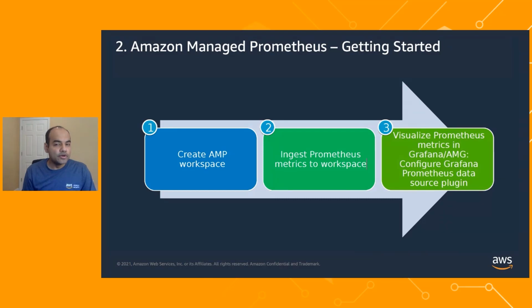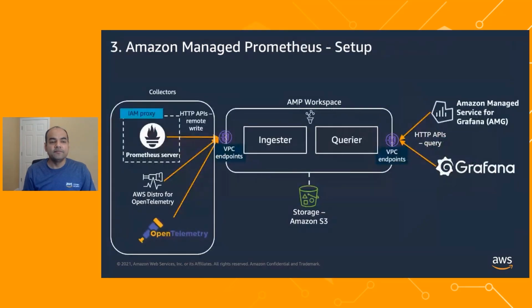Let's dive a little bit more into how all of this works. You can continue to use the Prometheus server which you are using as of today, and send all your writes to Amazon Managed Prometheus as a remote write with the remote write URL. Your existing Prometheus server starts writing to Amazon Managed Prometheus.